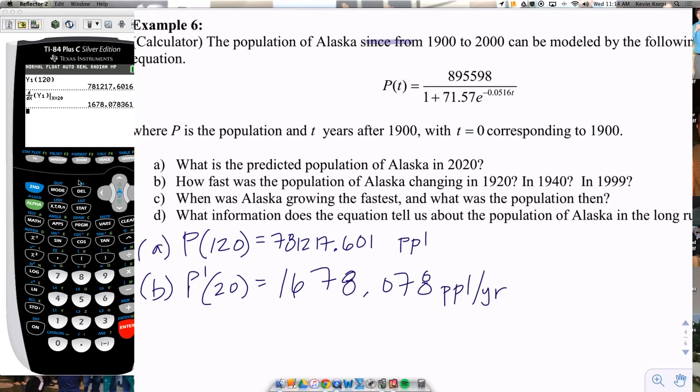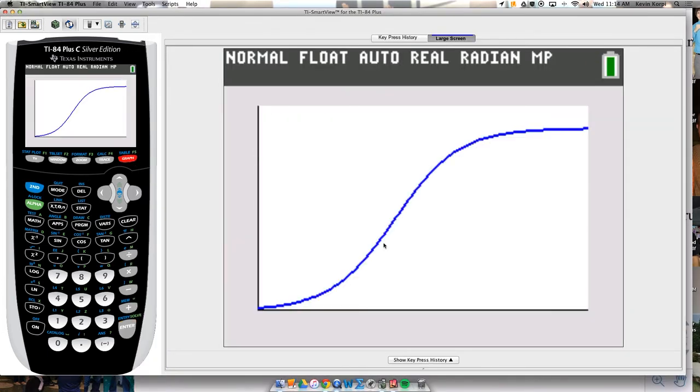Okay, so for any logistic curve, remember, the population is going to be growing the fastest at the inflection value, and the inflection value always occurs where? At L halves.